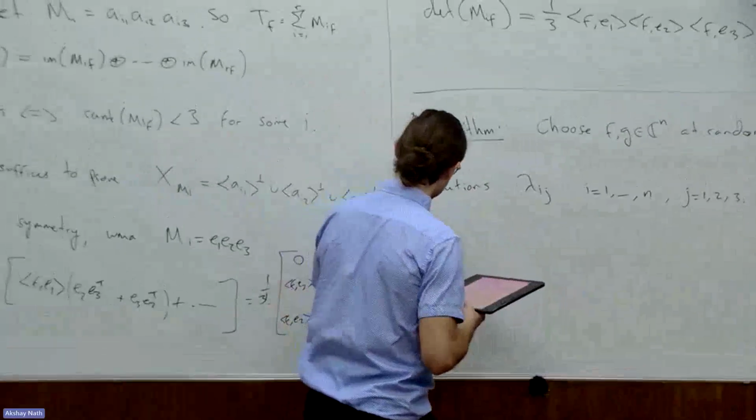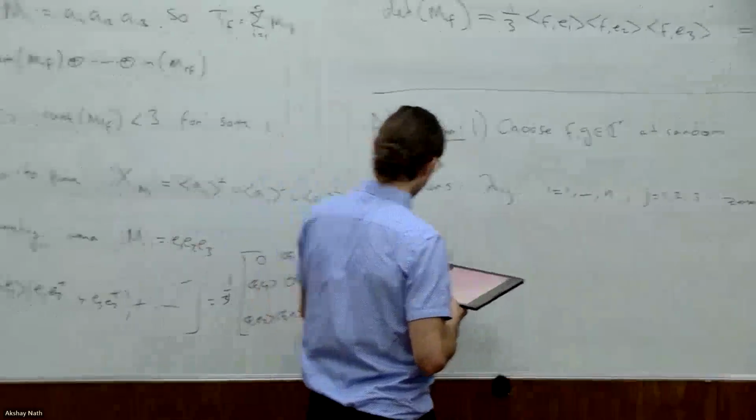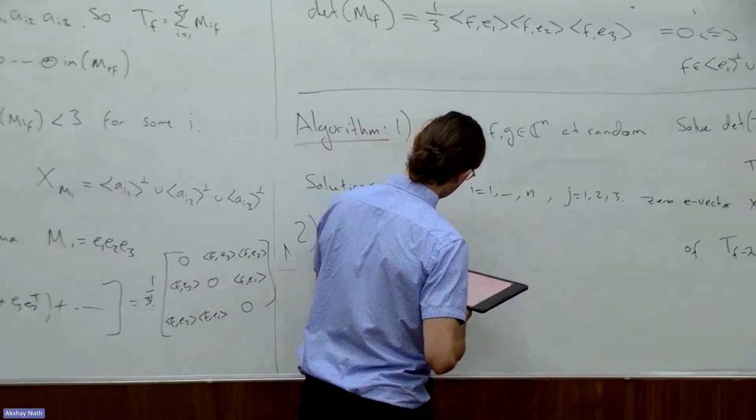So this is step 2. I'm going to choose L at random, another linear form.